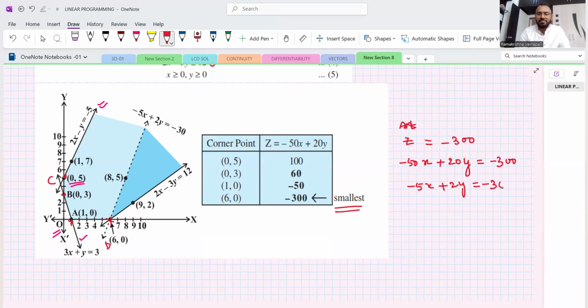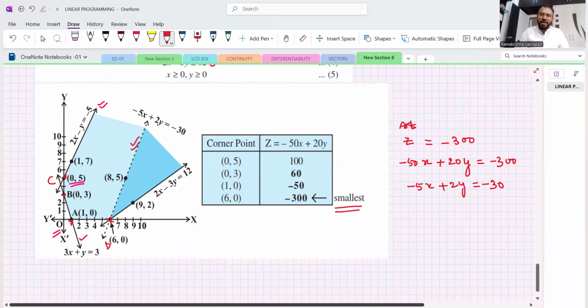You draw this line, the dotted line. You see, this line has many points common with the feasible region. This line has infinite common points with the feasible region.